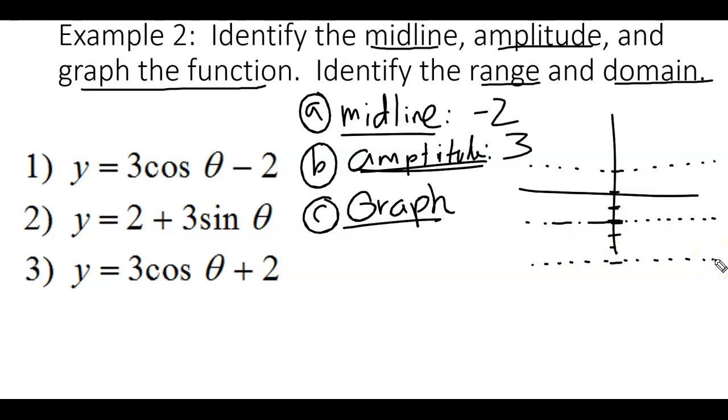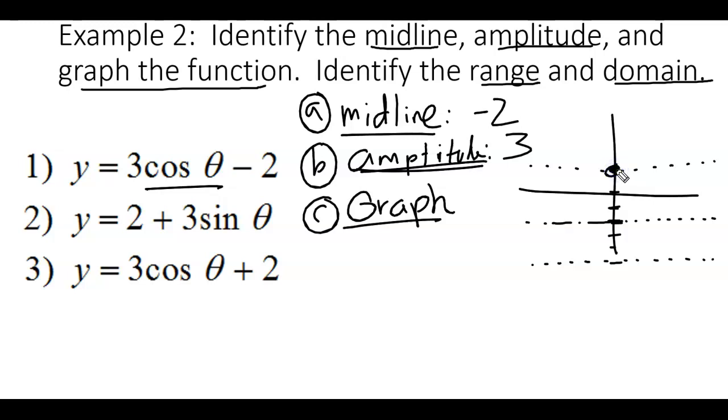Now the next thing we have to do to graph it is look at what kind of function we're graphing. It's cosine. So what did we say about cosine? Where does cosine start? Does it start at the max and go down, or does it start at the midline and go up? Look at your notes, and you'll see that cosine starts at the maximum. And by start, I mean at 0 for now.